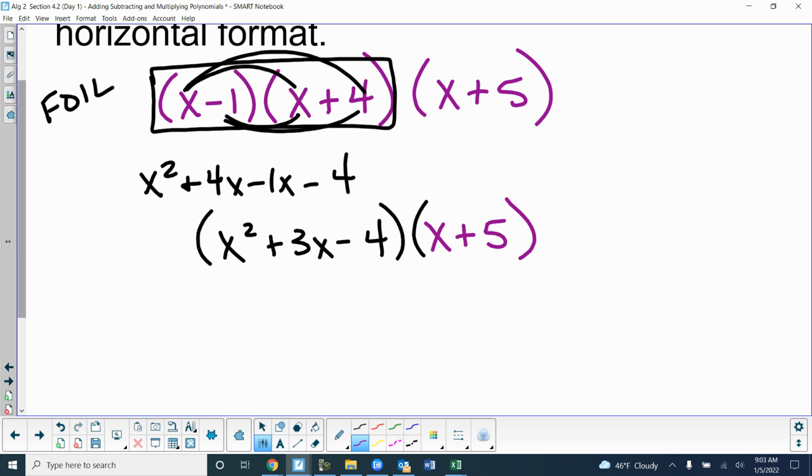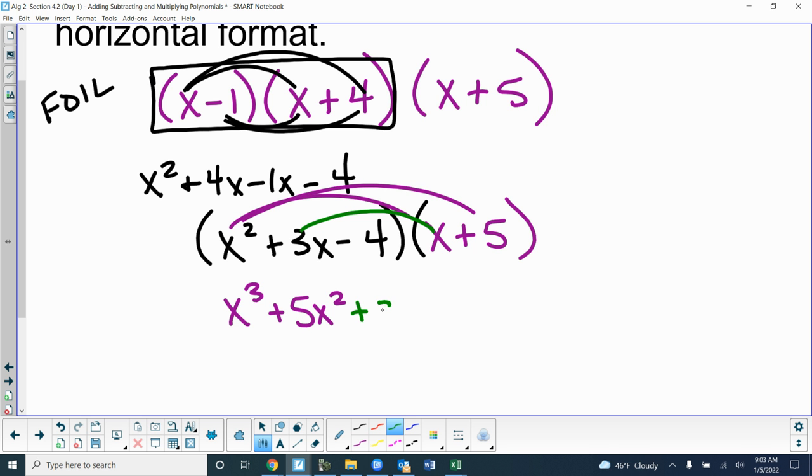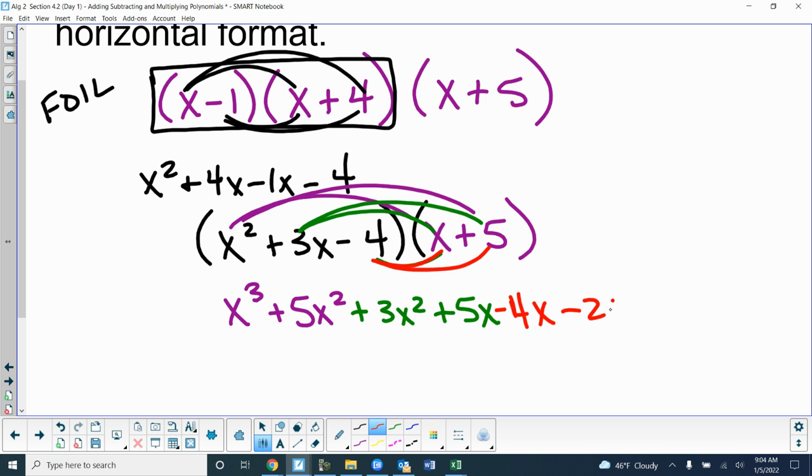So you go x squared times x, which is x cubed, and x squared times 5, which is 5x squared. And then do 3x times x, which is 3x squared, and 3x times 5, which is 5x. And then -4 times x is -4x, and -4 times 5 is -20.